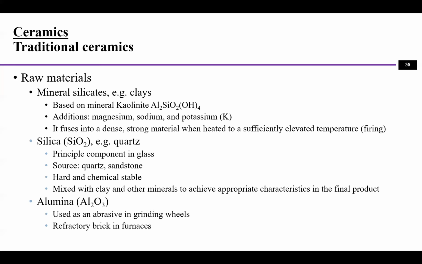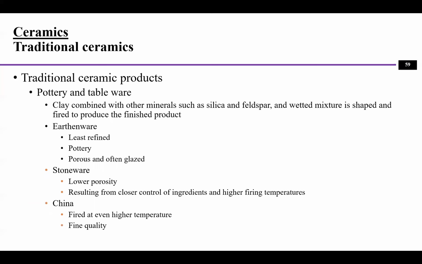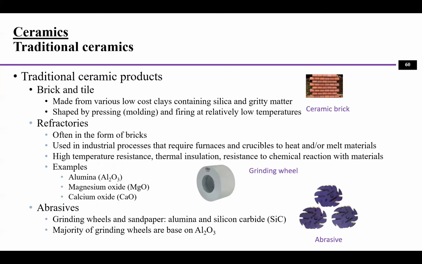And alumina is a very common material for abrasives in grinding wheels. And some typical products will be pottery, right? Tableware can be made from those, in china, stoneware, earthenware, they're all common products. And also we can make bricks, right? Refractories, and also abrasives.